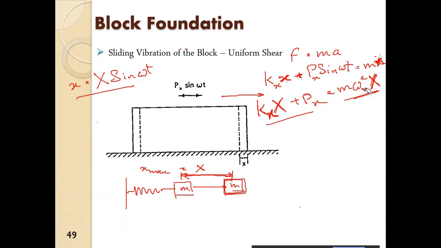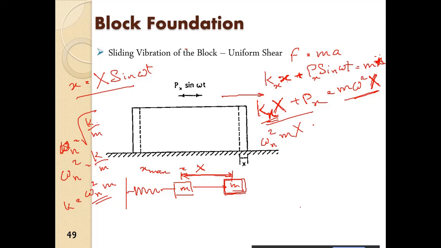So we know omega n is equal to root over k by m. Okay, root over k by m. So omega n square is equal to k by m, and k is equal to omega n square m. Okay, so that is what we will place here. So omega n square m into x plus p naught equal to m omega square x.